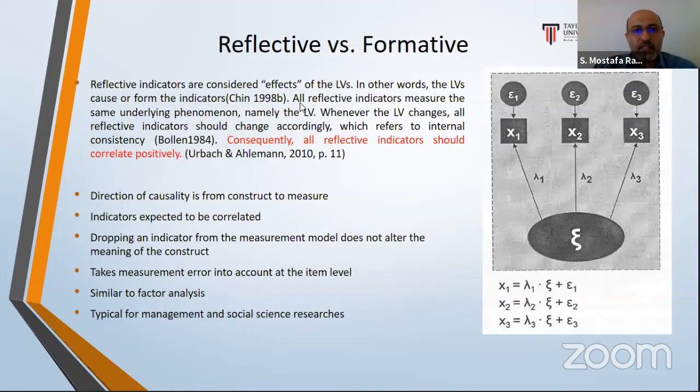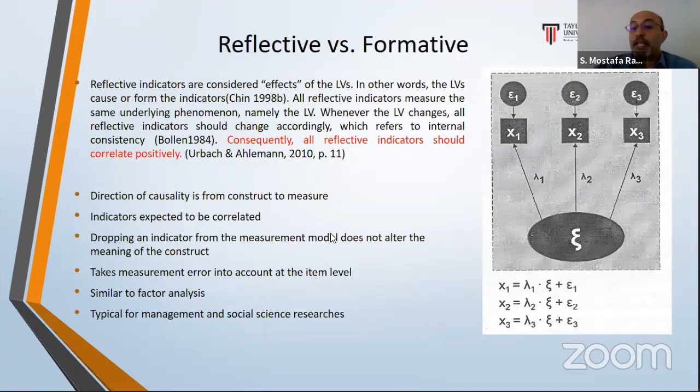Just to explain very briefly, it's very important to understand this because of two main reasons. One is that for reflective, formative, and composite constructs, we need to apply different criteria to assess measurement.